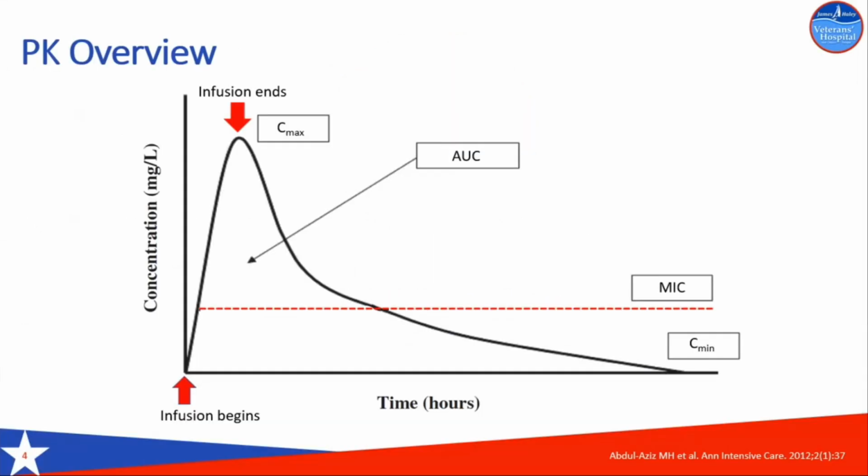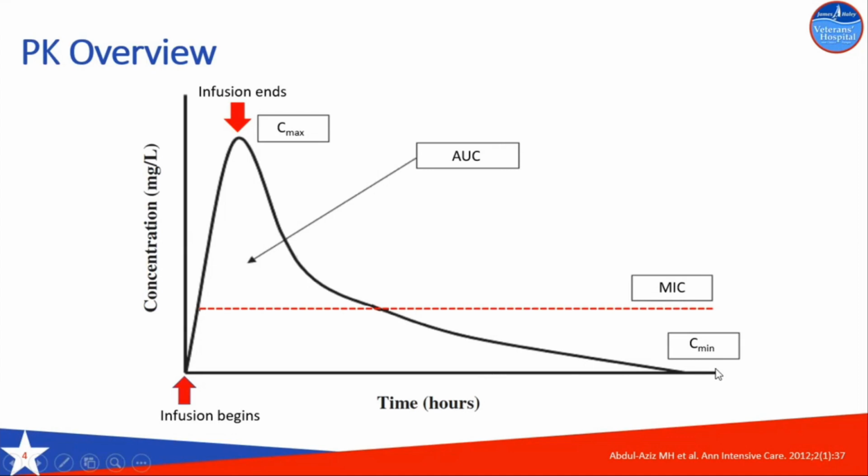So this is a concentration versus time curve, which you're probably familiar with. Essentially, when you give a dose of a medication, it starts to get absorbed. And then when the infusion ends, it'll distribute into the serum and the body tissues. So you can see a couple of terms on your screen here. Cmax is obviously the highest concentration there.